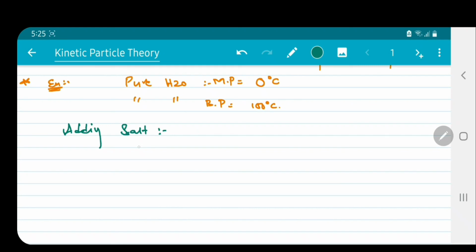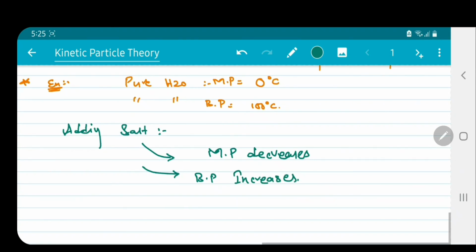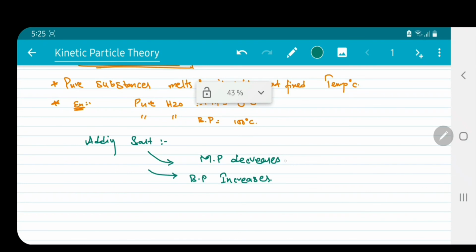Keep in mind that whenever an impurity is added to a pure substance, the melting point of that substance decreases and the boiling point of that substance increases, like the range increases overall. So the melting point will become less than 0, and the boiling point would increase from 100 centigrade, so it would be bigger than 100 centigrade.